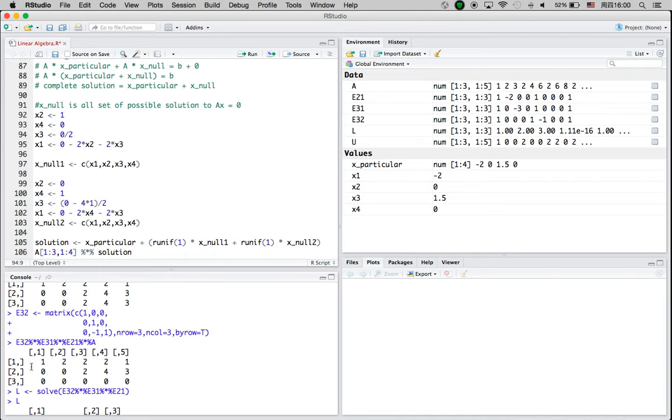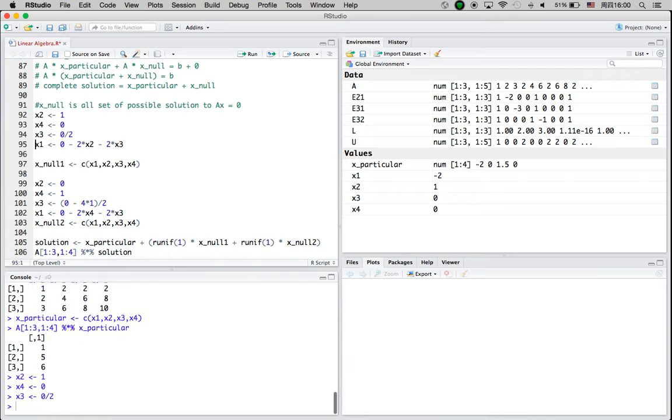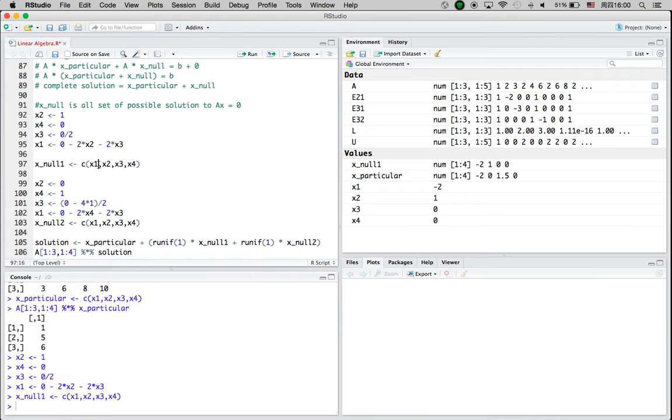Then I will skip the step, but just using back substitution, we get 1 times x1 plus 2 times x2, 2 times x3, 2 times x4 equal to 0, where x2 is equal to 1 and x4 is equal to 0. Here we get one of the solutions, one of the vectors in the null space.